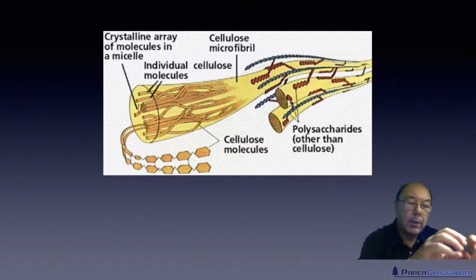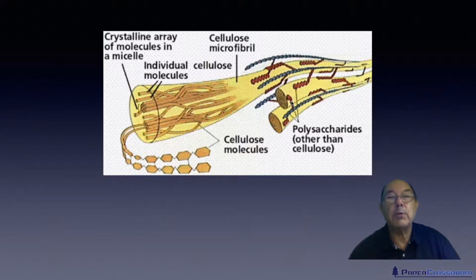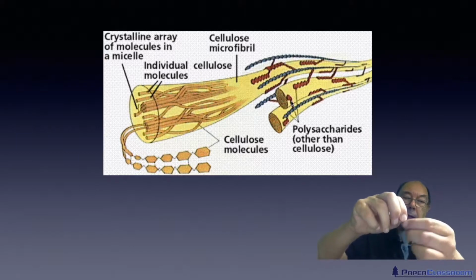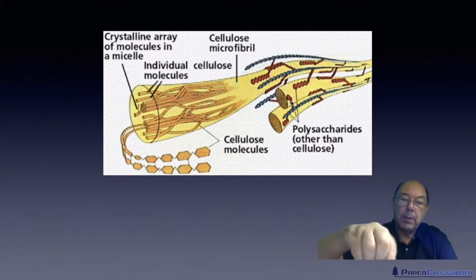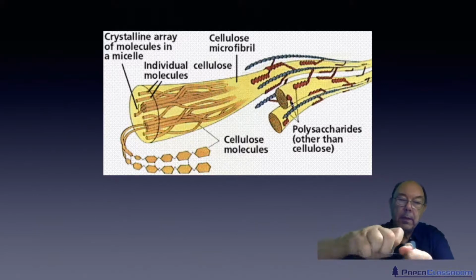The plant strings all these glucose units together, sometimes thousands long, to make what we call a chain. And that is cellulose. So you may not see it on this camera, but there will be something like one chain of cellulose that nature makes.